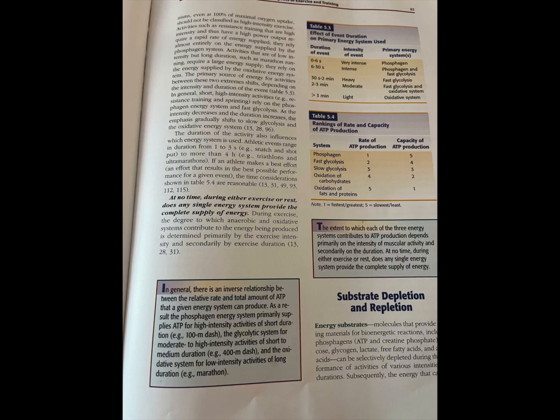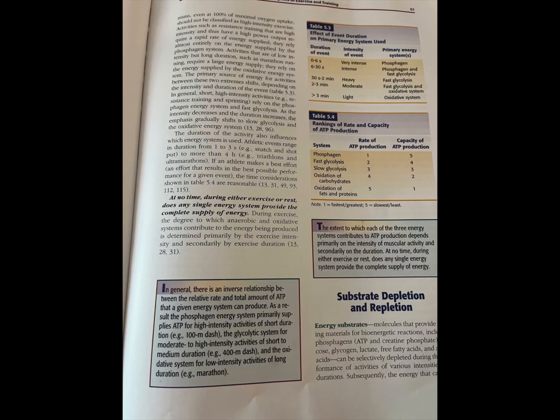Substrate depletion and repletion. Energy substrates, molecules that provide starting materials for bioenergetic reactions, including phosphagens (ATP and creatine phosphate), glucose, glycogen, lactate, free fatty acids, and amino acids, can be selectively depleted during the performance of activities of various intensities and durations. Subsequently, the energy that can be produced by the bioenergetic system is reduced.